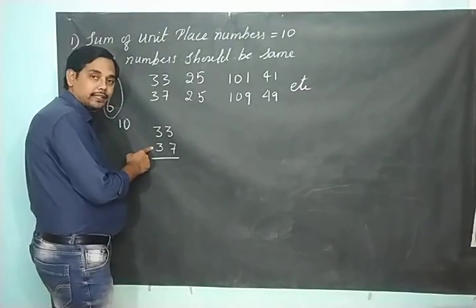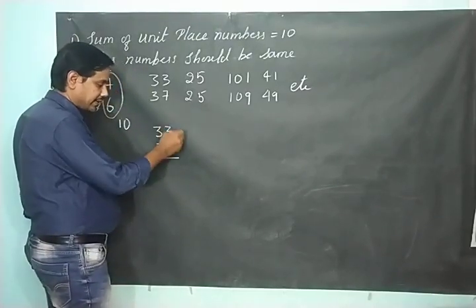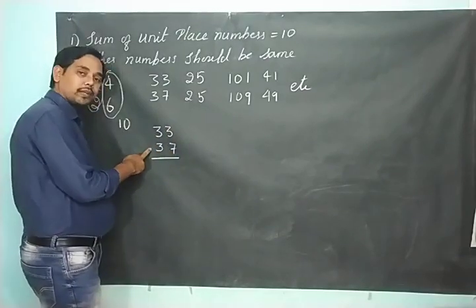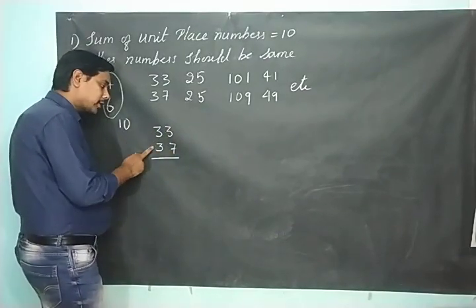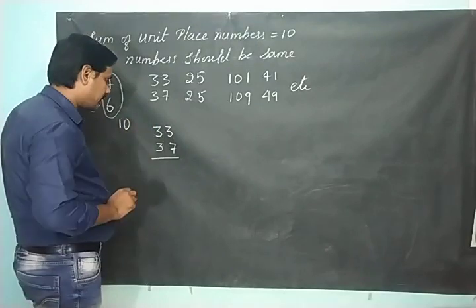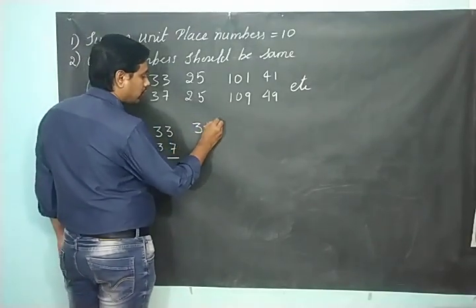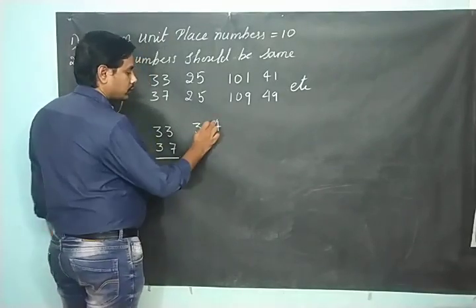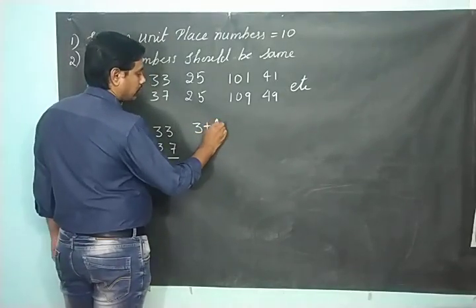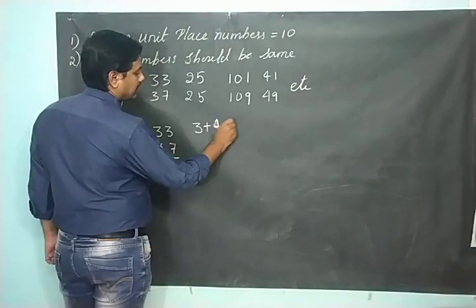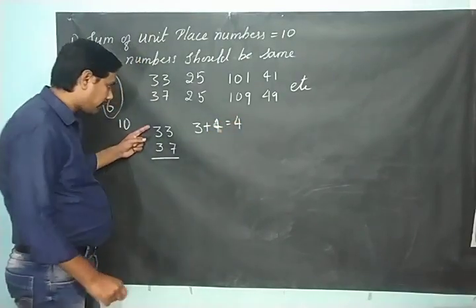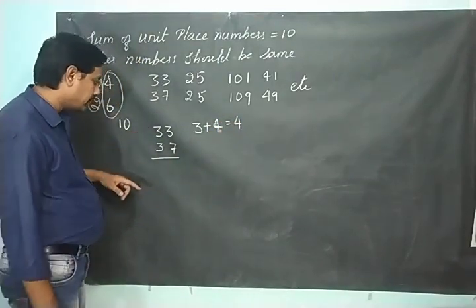That is 3. In the unit place we have 3 and 7. Apart from that, what is the number we have here? 3. So add one to this. 3 plus 1 is 4.